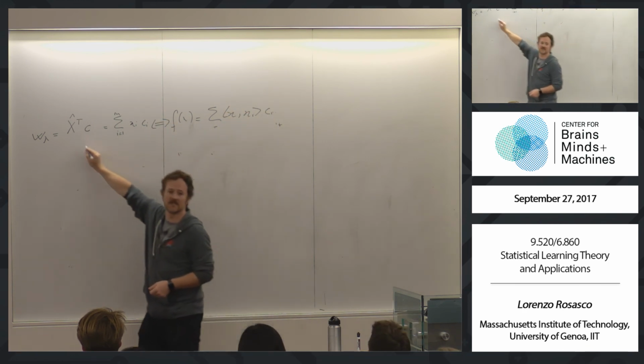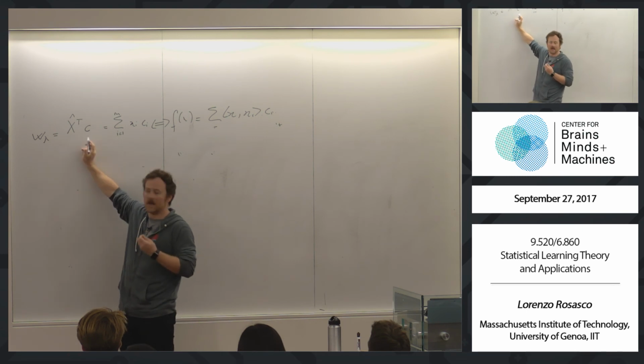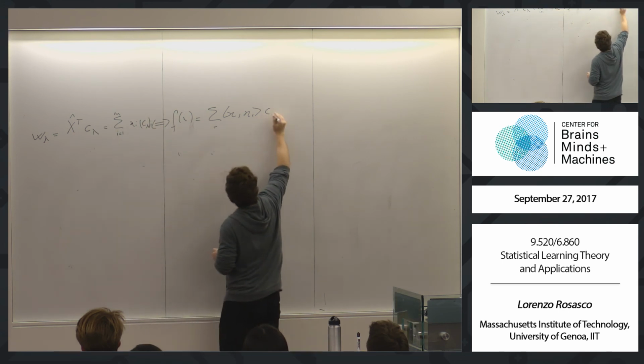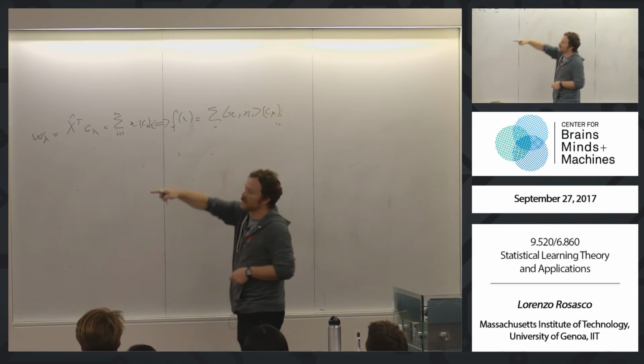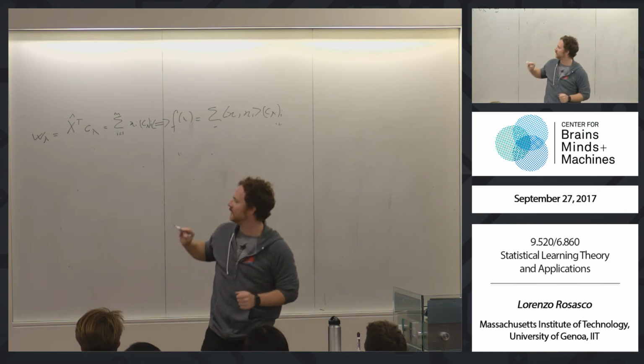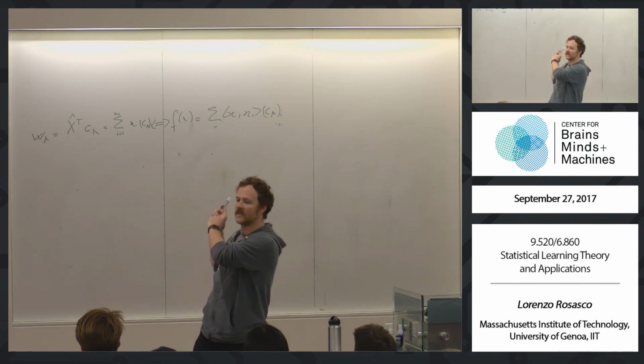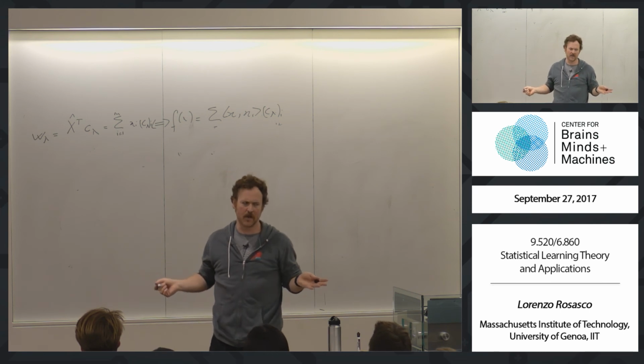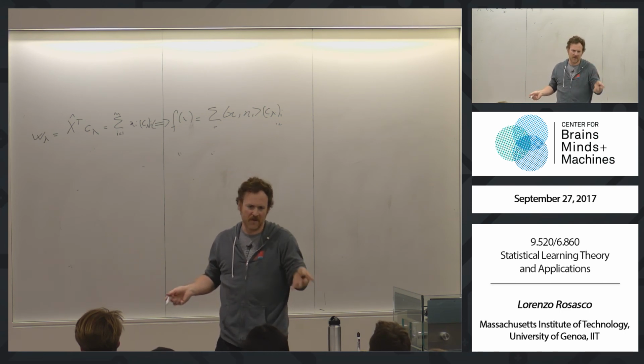So I want to prove that there is a C, let me call it C lambda, that satisfies that equation. If I pick W lambda that way, I can also write it as X transpose C for some C. Okay? It's the C I've been playing with now for 3-4 times.